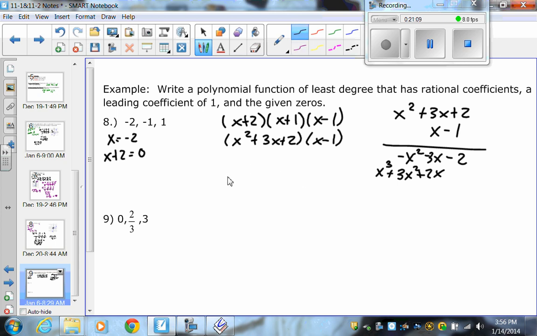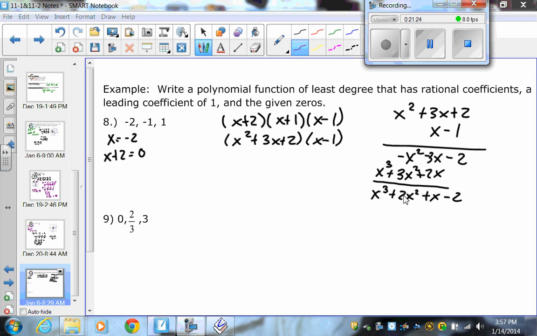So my answer would be x to the third plus 2x squared plus x minus 2. And I just realized that would actually be minus x minus 2.